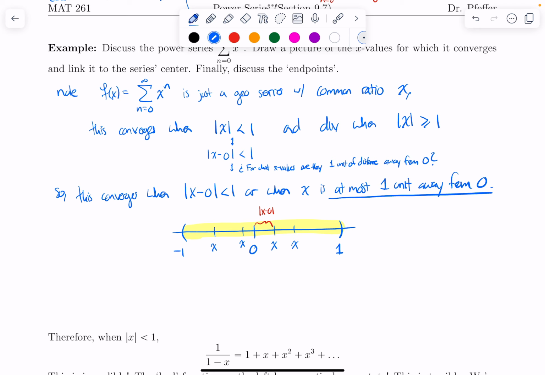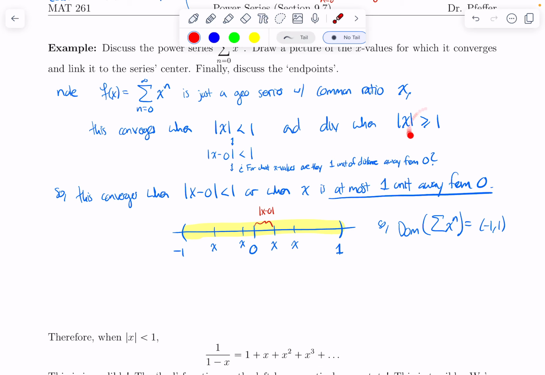So the answer to our question earlier, we said, what's the domain of this series? Apparently it's -1 to 1, because I know I converge in that region and I'll diverge outside of it. So we'll make that note as well.